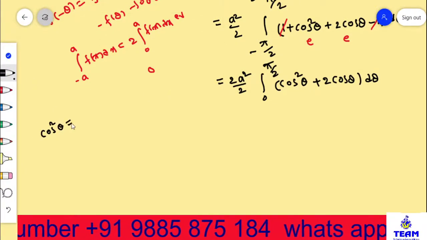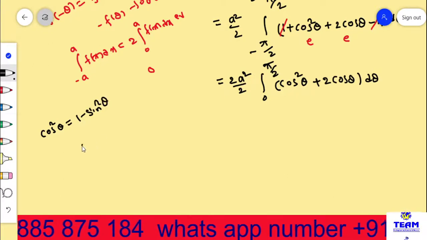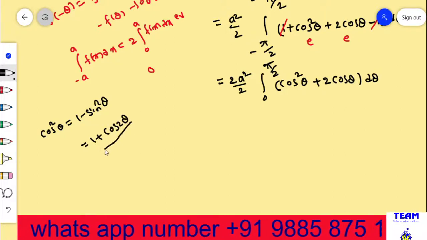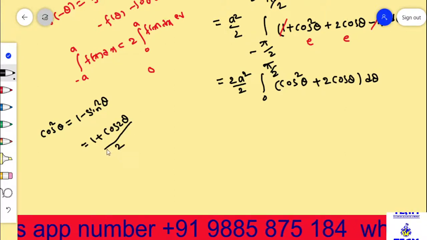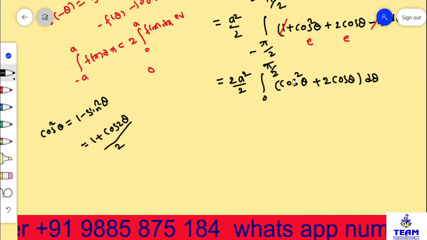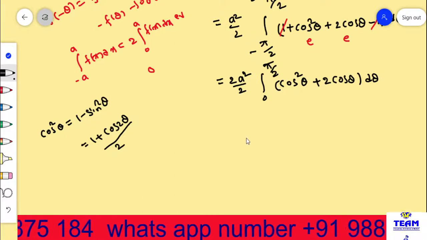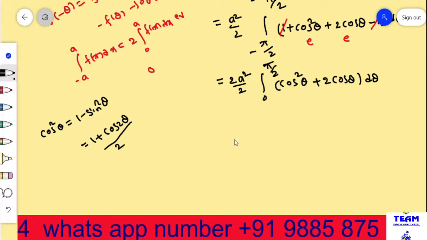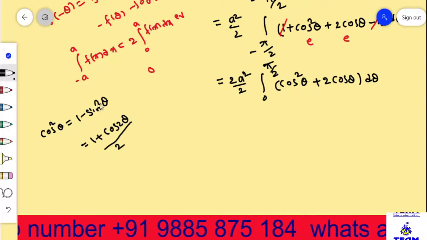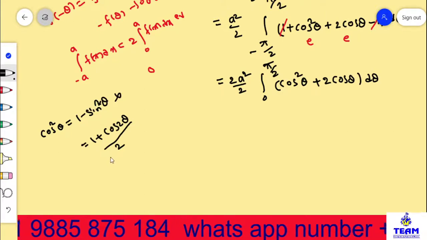Cos square theta is equal to 1 minus sin square theta, and one more formula is 1 plus cos 2 theta by 2. Remember, cos square has degree 2, which is why we are unable to integrate it directly. We can integrate only cos theta and sin theta, not cos square or sin square. So don't take the sin square formula; you have to take the other formula.